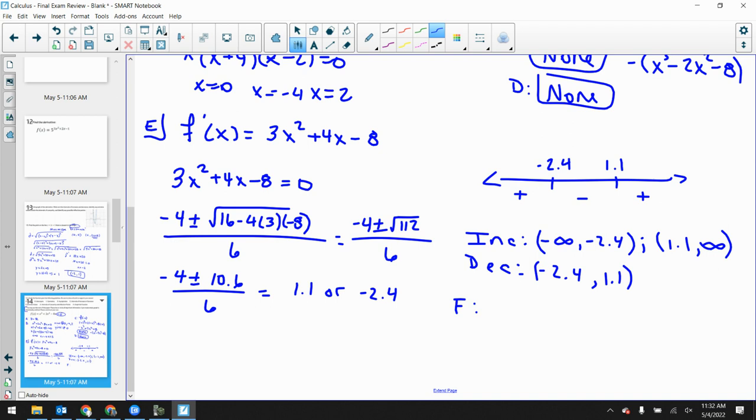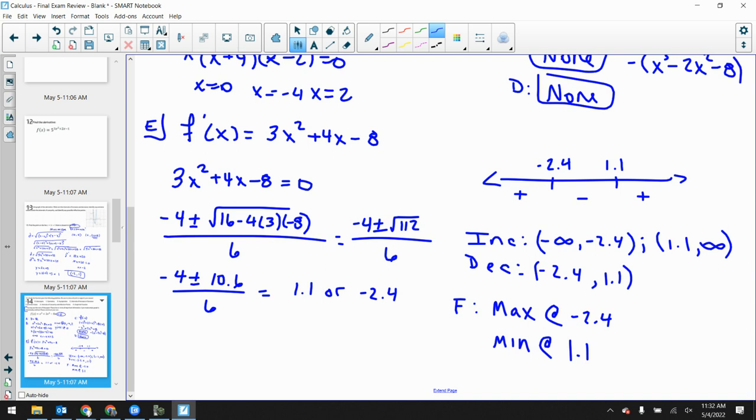All right. Here are the extreme values. Now remember, if it's going from increasing to decreasing, positive to negative, that's a maximum value. So there is a maximum at negative 2.4, and we should really find the whole coordinate. And there's a minimum value at 1.1 because it's going from decreasing to increasing.